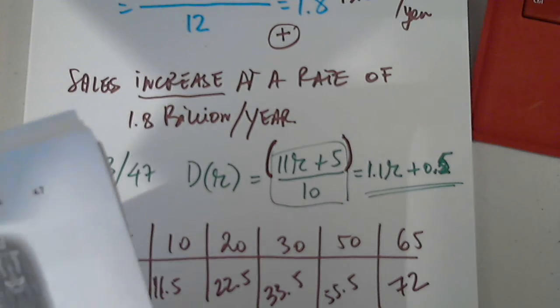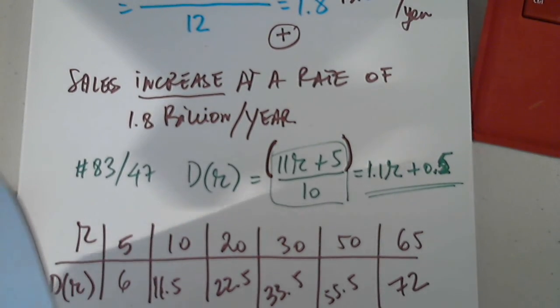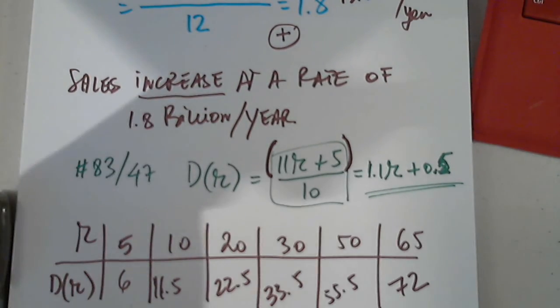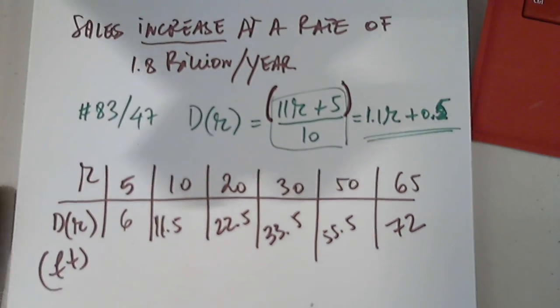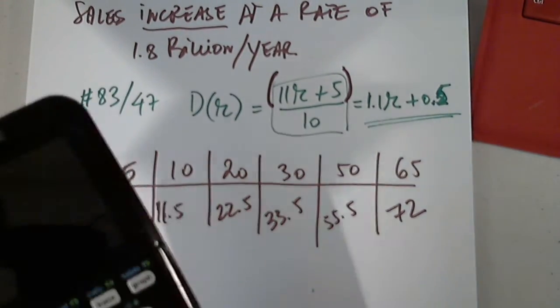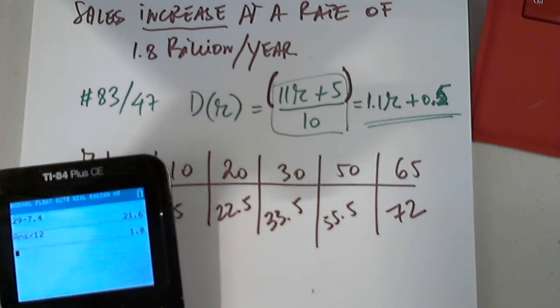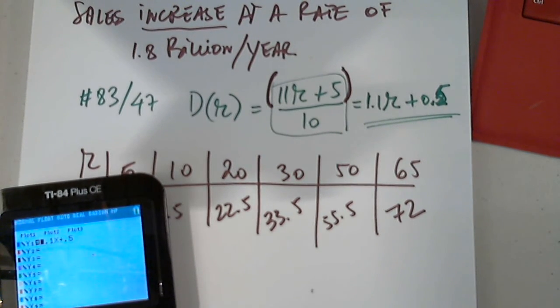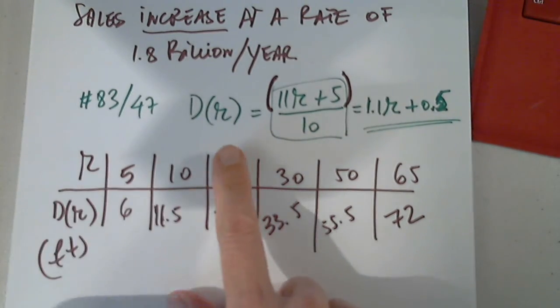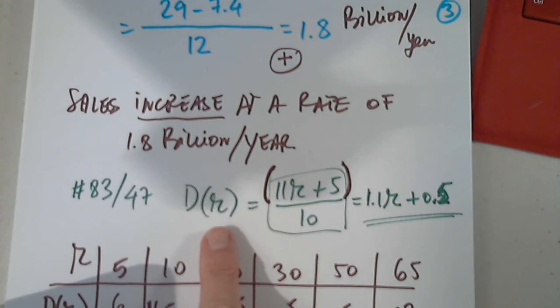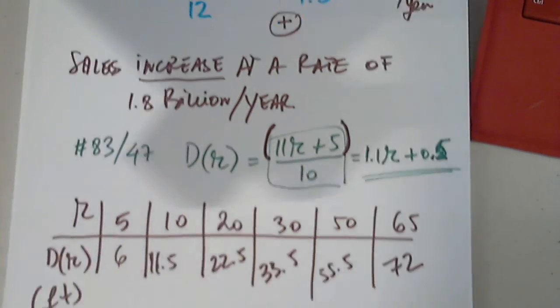Okay, in the next part, they're asking us to graph this function. No problem. Let's do it with the graphing calculator since we already have it in the calculator. So back to the viewing window. We have to select a viewing window. We're talking about a rate. That's the independent variable, right?